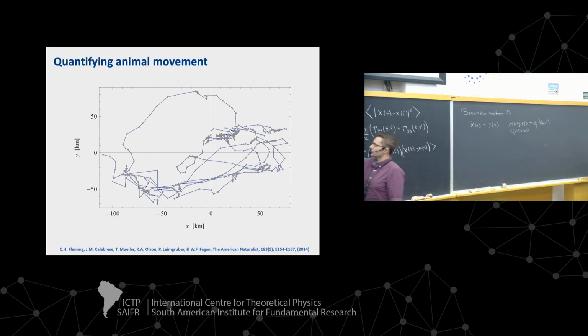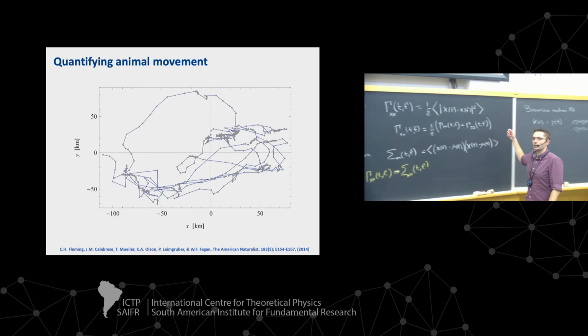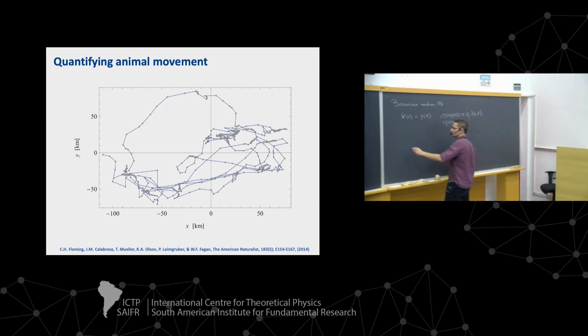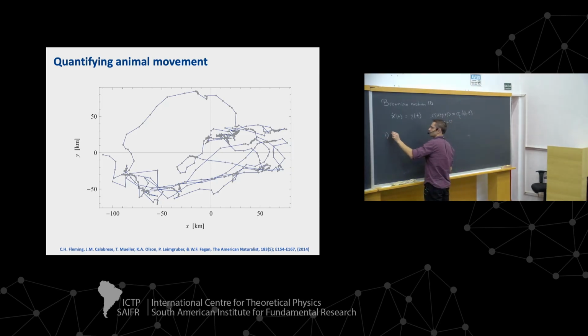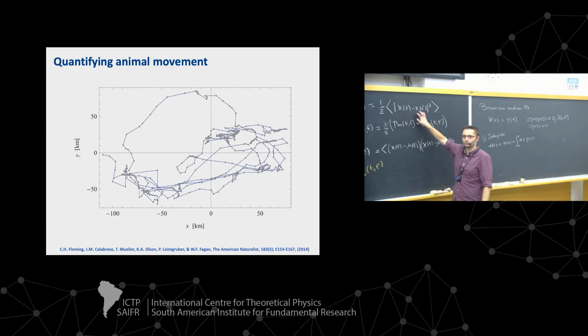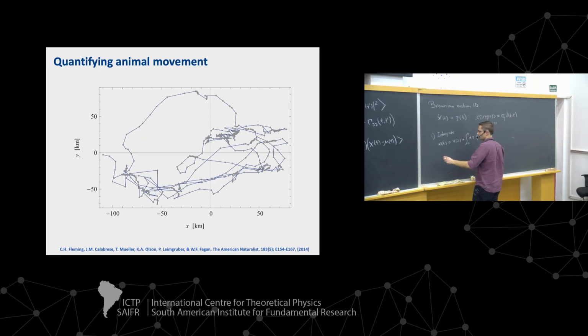If I want to compute this function for the stochastic process, I think many of you have done this already, but basically, the first thing is I have to integrate this equation, and then you can apply the definition of the semivariance.